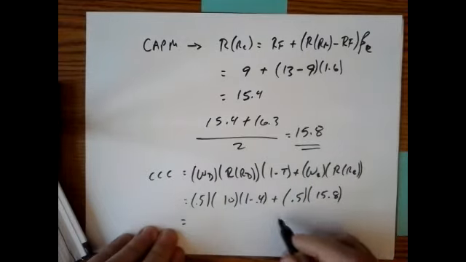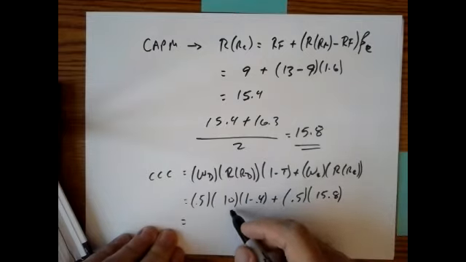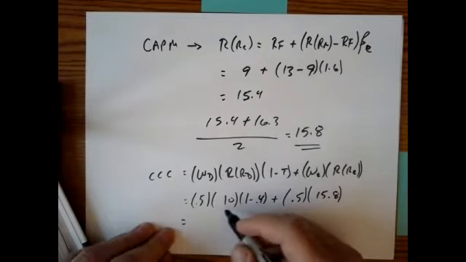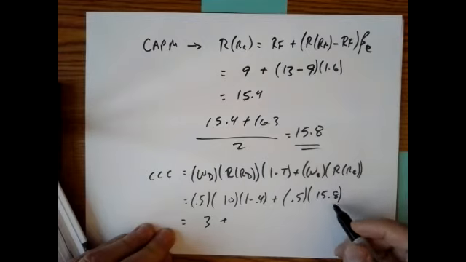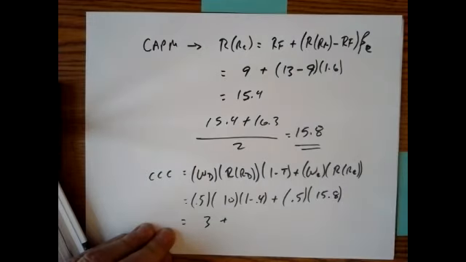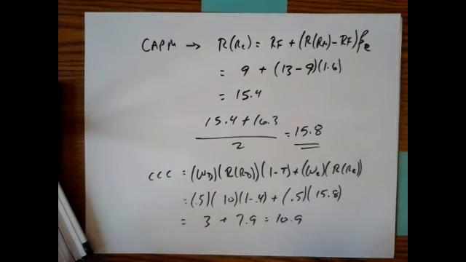Working that out, 1 minus 0.4 is 0.6. 0.6 times 10 is 6. 0.5 times 6 is 3. Plus half of 15.8 is 7.9. So the corporate cost of capital should be 10.9%. And that finishes part D.